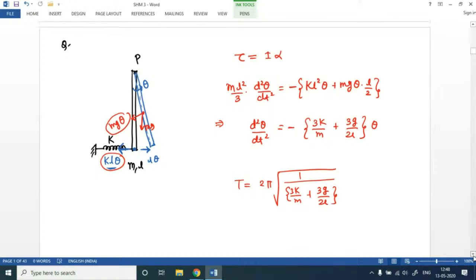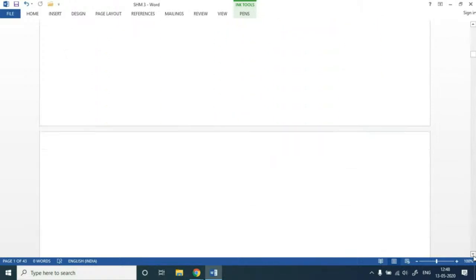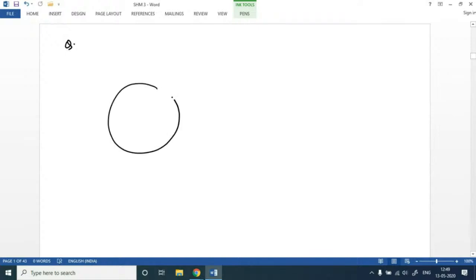Okay, let's look at another model in which we will be having rolling of a round body. We will be combining this angular SHM with rolling. So this here is the question. So for example, there is, say, a solid cylinder we are having, of mass m and radius r, let's say, and it is kept on a rough horizontal surface.